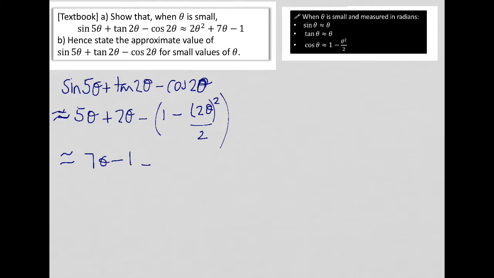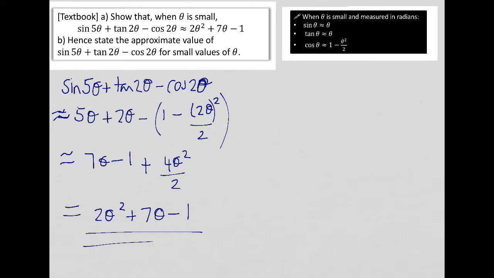So here, this would be plus 4 theta squared over 2. So therefore, what I can now write as my answer for this is 2 theta squared, add 7 theta, subtract 1, which is the answer we were looking for.